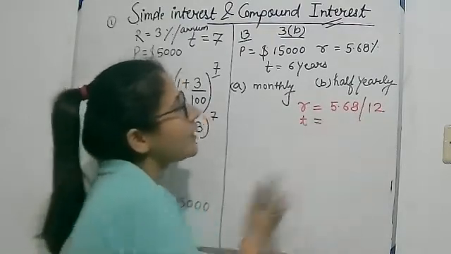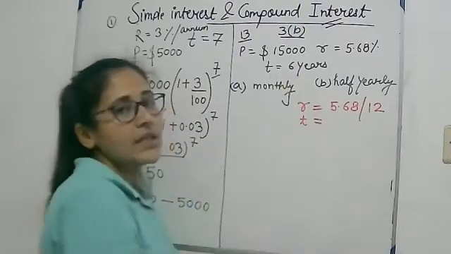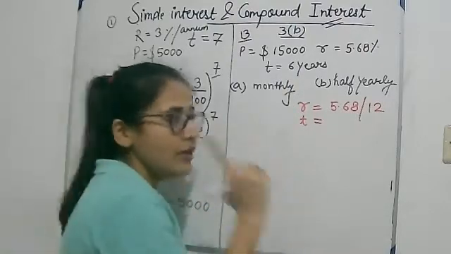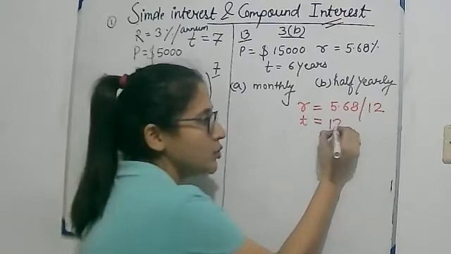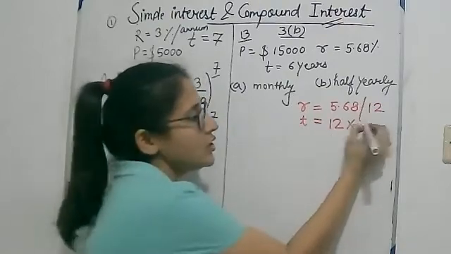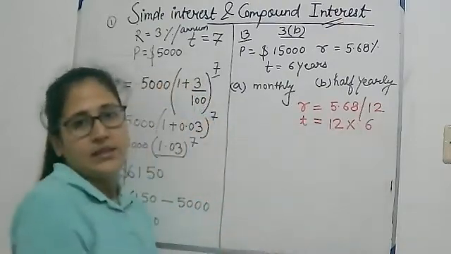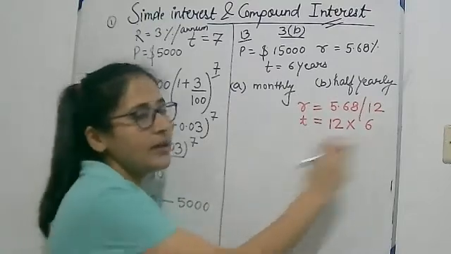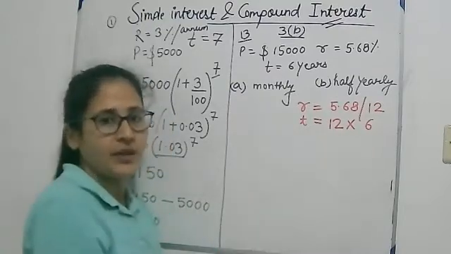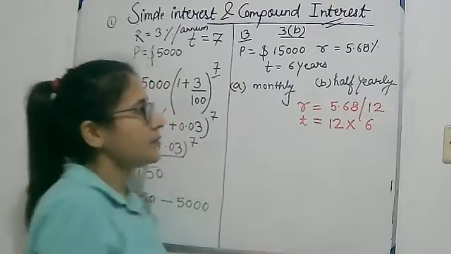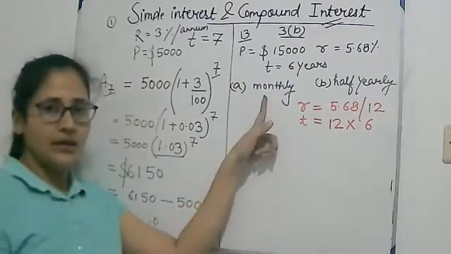And what is the time here? 6 years. In 1 year, how many months? 12 months. Changing into months, we will multiply by 6. This is for the monthly.